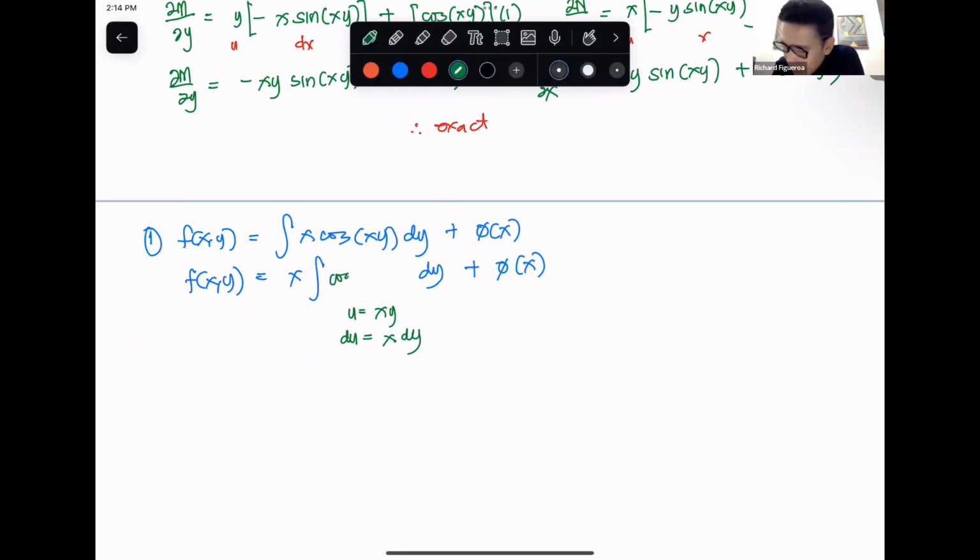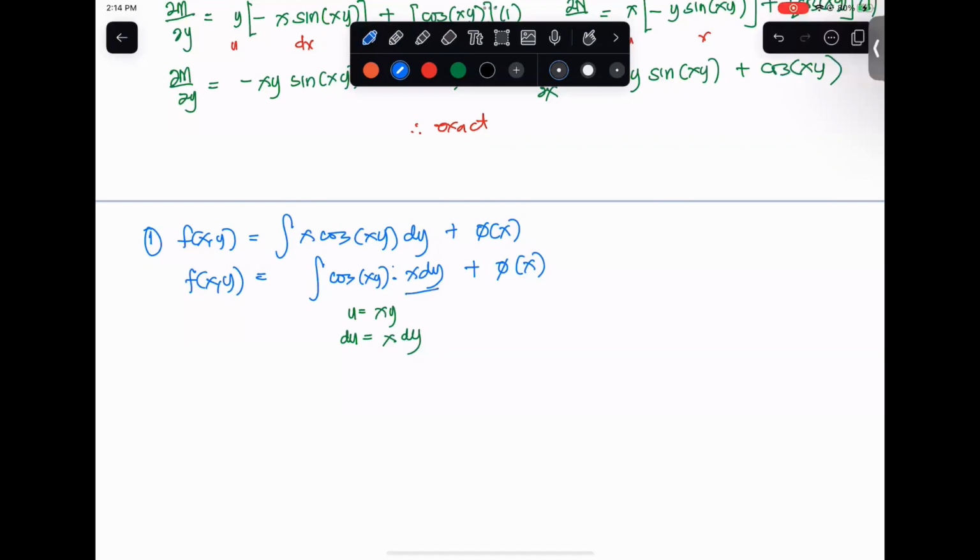So, sorry. So, mayroon akong cosine xy. I-rearrange ko lang. So, yung x, ilagay ko na siya dito. So, ang u natin is xy, ang du natin is x dy. So, which is already this. So, therefore, pwede ko na siyang integrate right away.